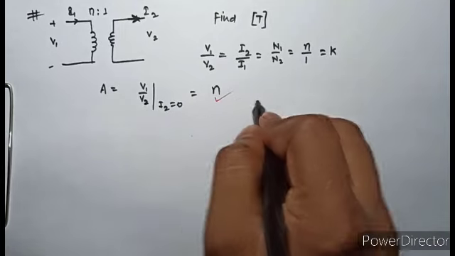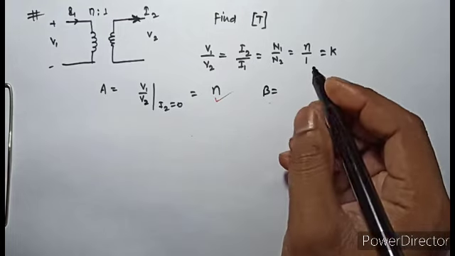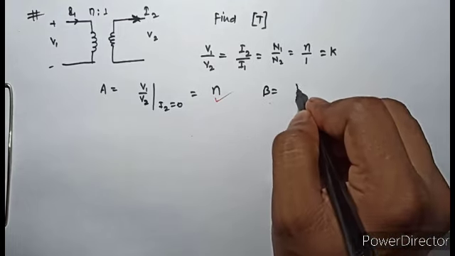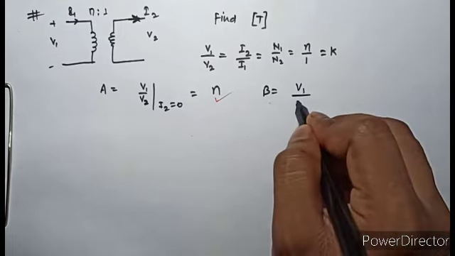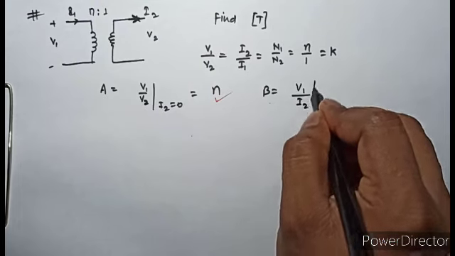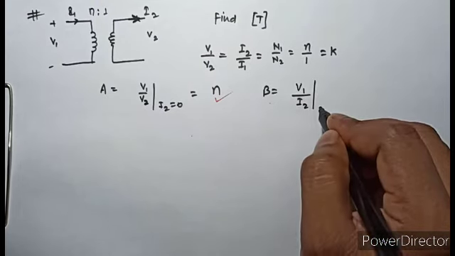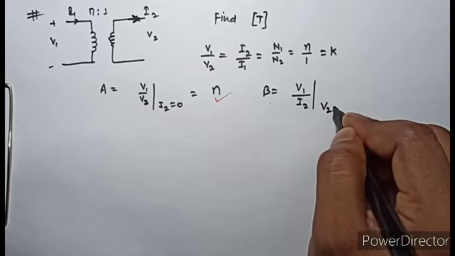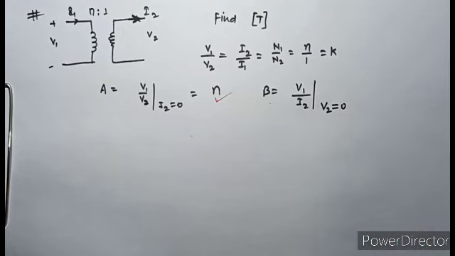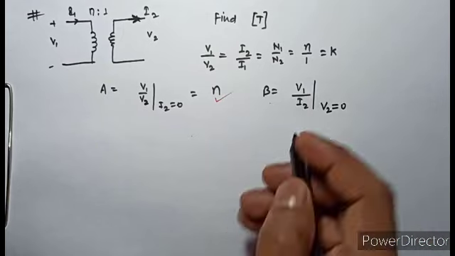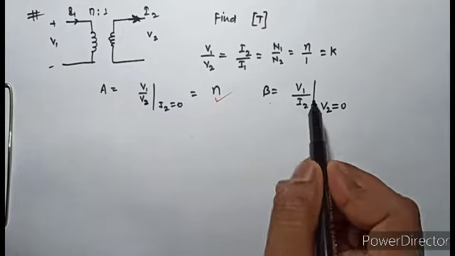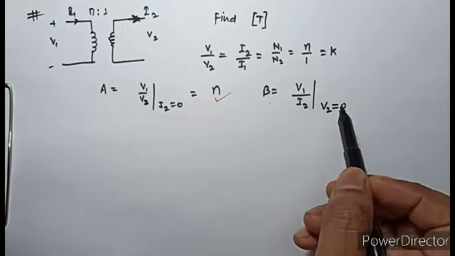Now our next parameter, the B parameter. What is our B parameter? Our B parameter is V1 by I2 when V2 is 0.